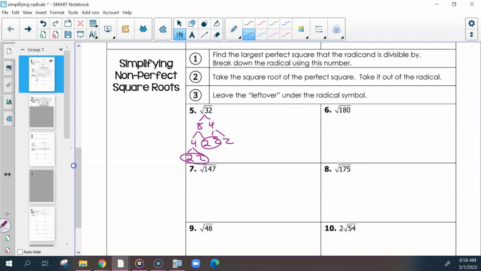However many pairs we have are going to come out of the radical, or come outside of the square root. So I would have 2 times 2 on the outside of the square root. Whatever does not have a pair would stay on the inside. And then I would simplify. So this would be 4 times the square root of 2.